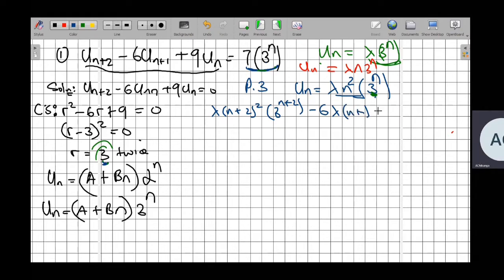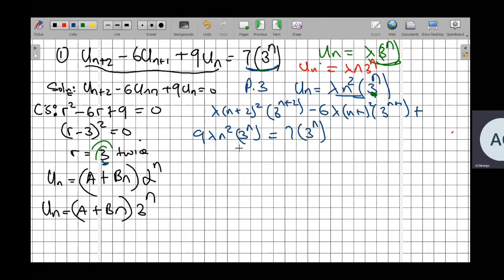Then n plus 1, then 3^(n+1), plus 9. Did I do something? Yes, that's a squared here, right? Squared here. Plus 9 lambda n squared 3^n is equal to 7 3^n.